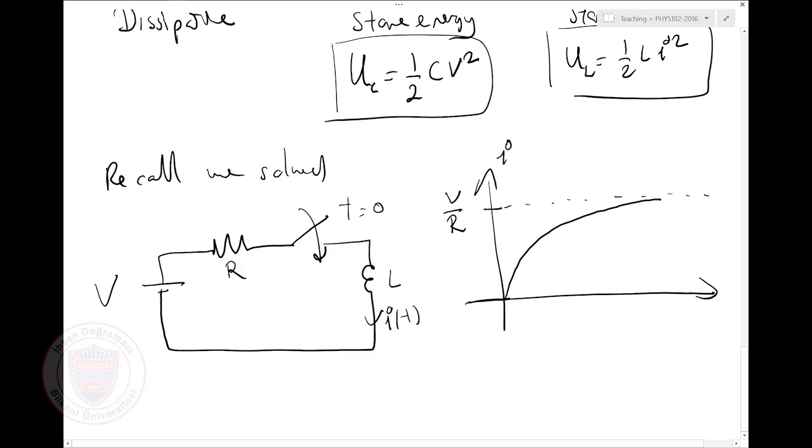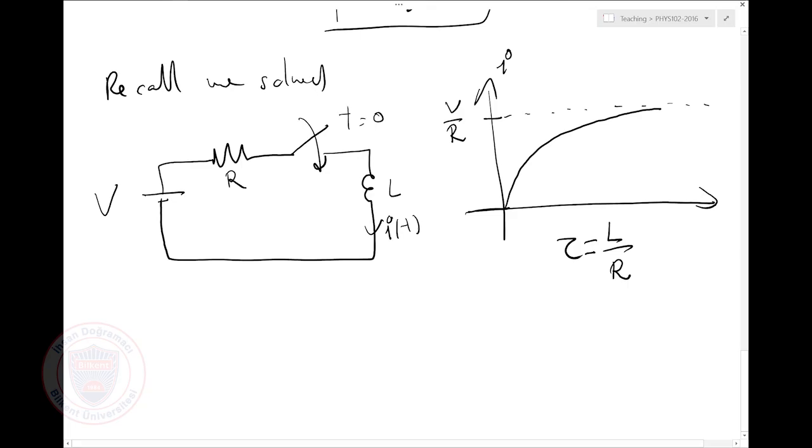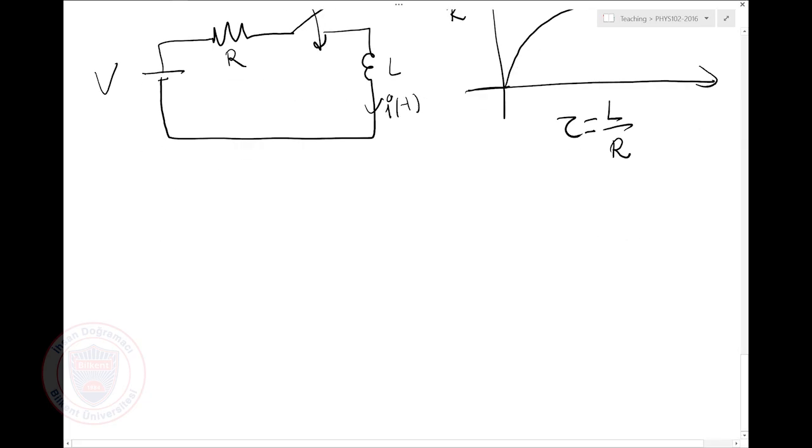Okay? And what was the time constant for the circuit? Time constant was L over R. Alright? So the larger my inductor is, the slower I will actually reach my final current.